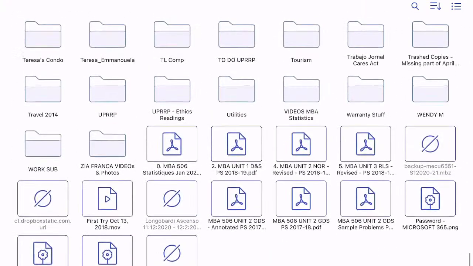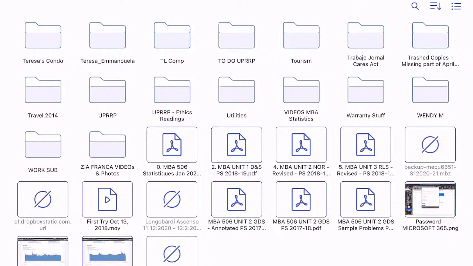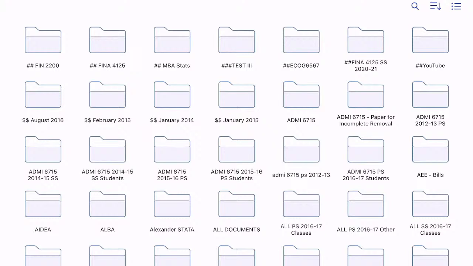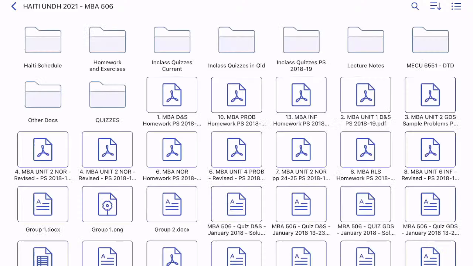My files are for whatever reason messed up. I have to clean this up. I think they're here. There they are. Okay, there's two documents.